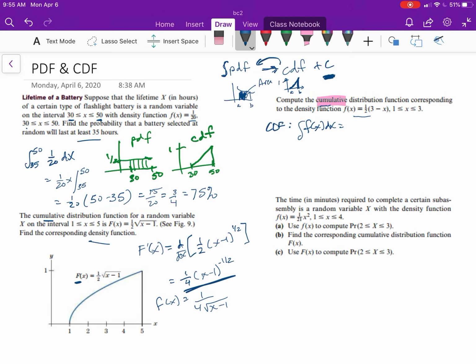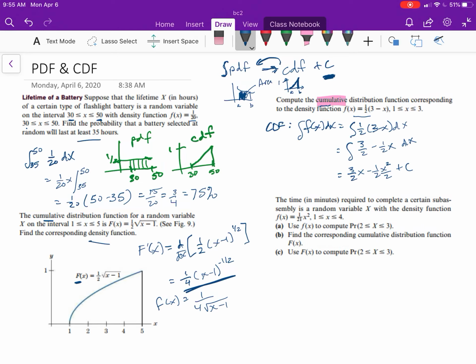So integrate that function given, 1/2 times 3 minus x dx. All right, I think we should just distribute, so 3/2 minus 1/2 x dx. And that integral is 3/2 x minus 1/2 x squared over 2, and then plus some constant that we don't know.